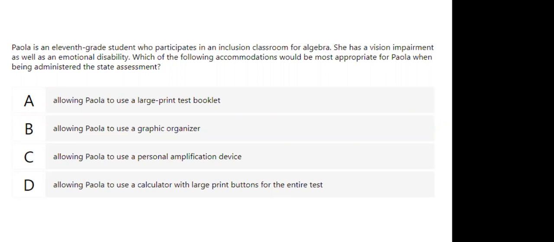Paola is an 11th grade student who participates in an inclusion classroom for algebra. She has a vision impairment as well as an emotional disability. Which of the following accommodations would be most appropriate for Paola when being administered the state assessment?